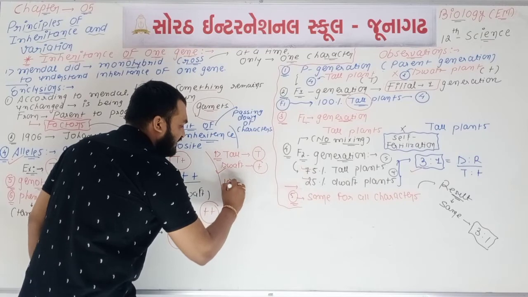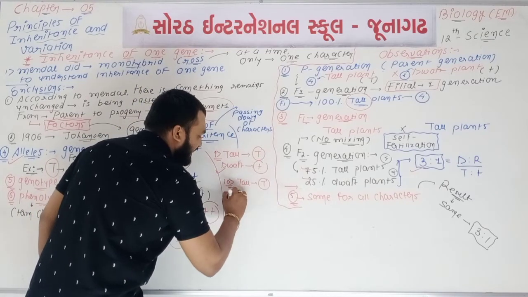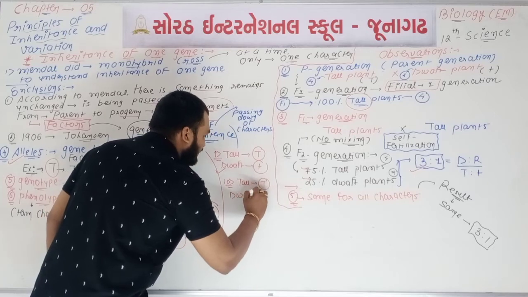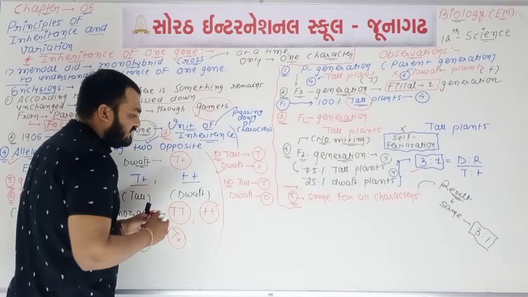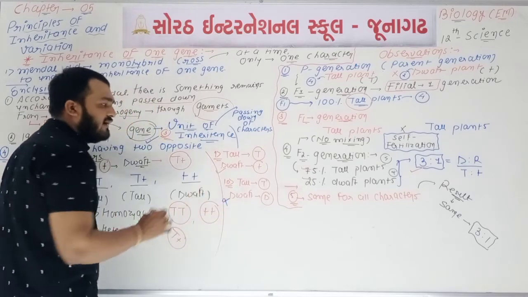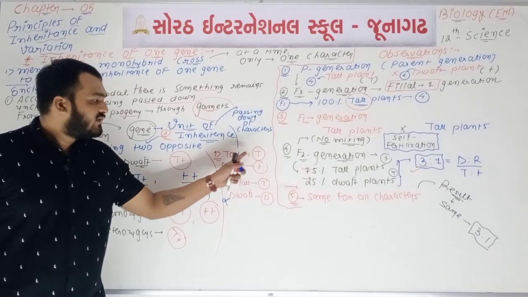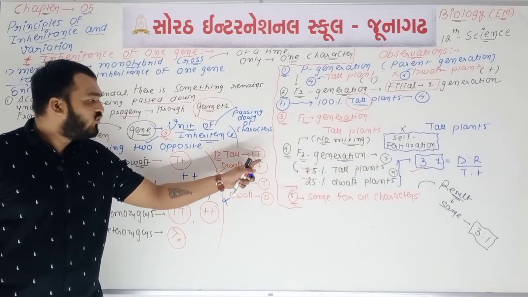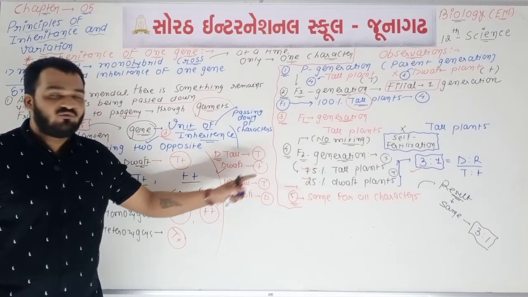Point number 10: for tall we use capital T, and for dwarf we use capital D. Then it is the wrong method. What about the method for giving alphabets? Capital T for tall, and you will use the opposite, the small letter, for recessive.